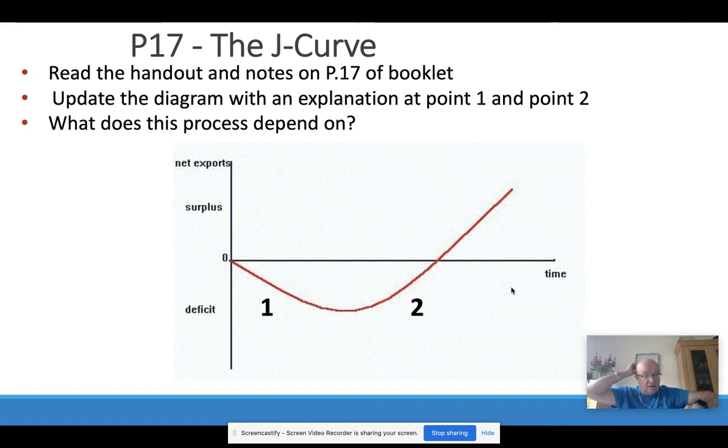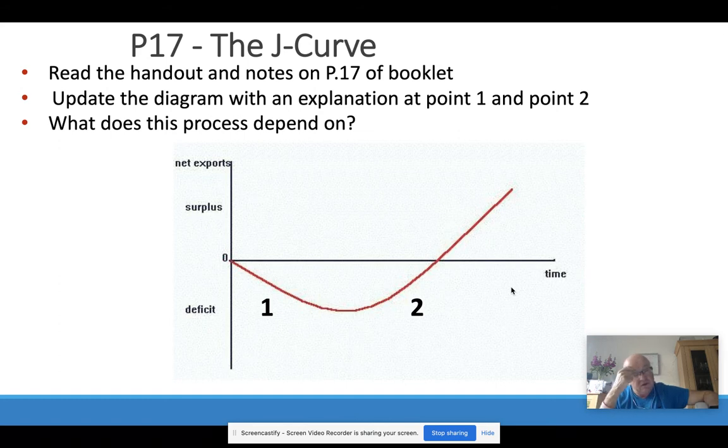As I mentioned, you can see on the next page in your booklet there's a diagram which you can add some details to based on the PowerPoint that we've just gone through, and also on the previous page in your booklet, and that hopefully will help you to understand the two core concepts here, both the Marshall-Lerner condition and the J-curve effect.